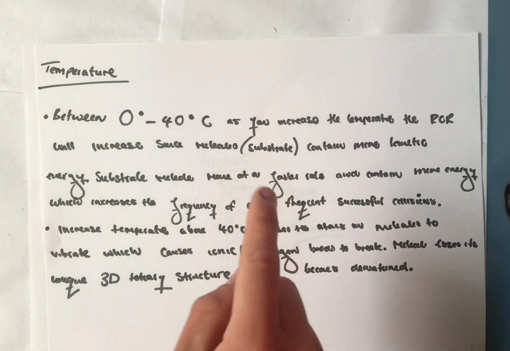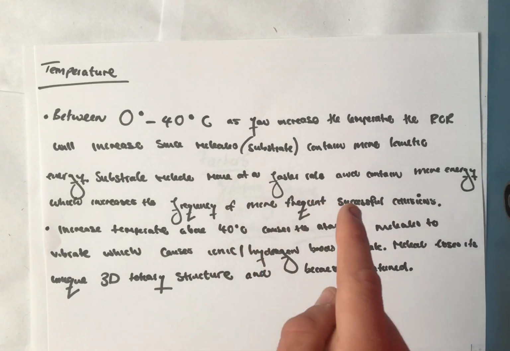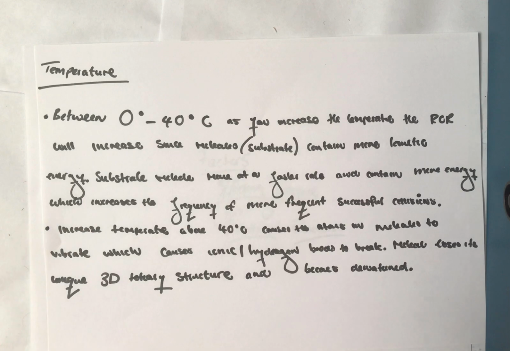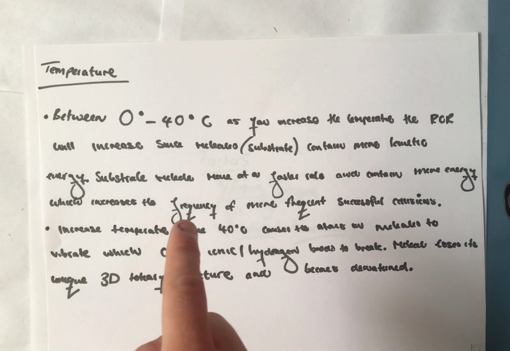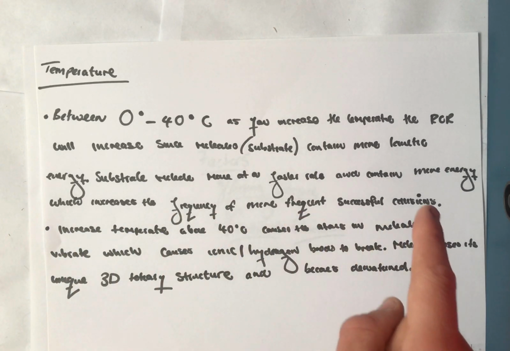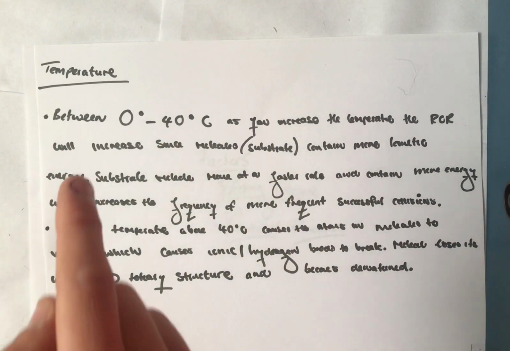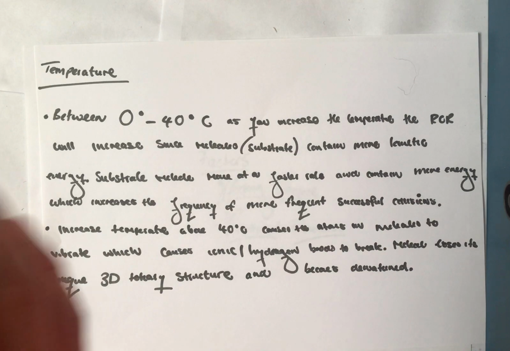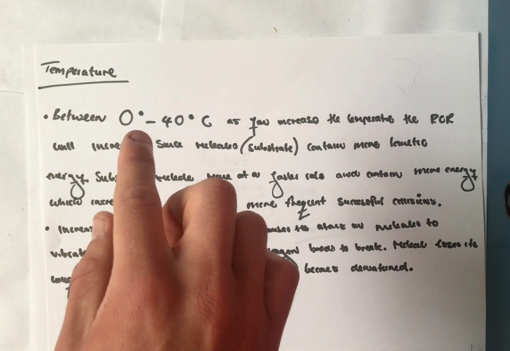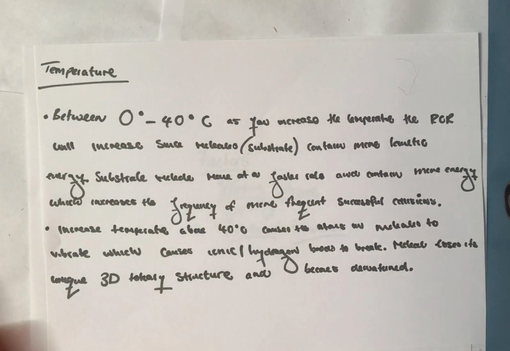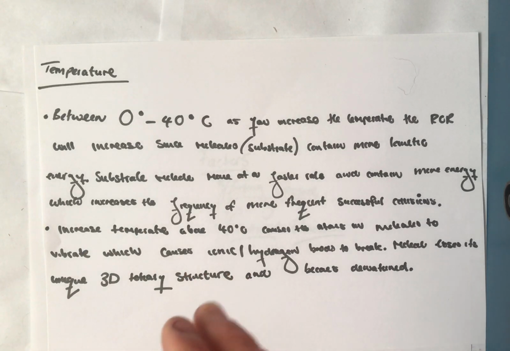When the molecules move at a faster rate, they will collide more frequently with each other, and this will increase the frequency of successful collisions. The more frequent successful collisions you have per second, the faster the rate of reaction. That's between 0 degrees and 40 degrees for the majority of enzymes, especially the enzymes within the human body.